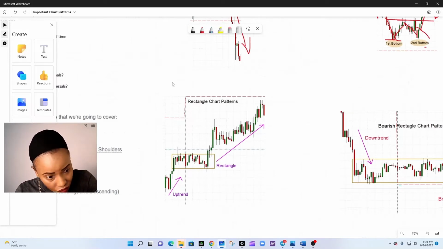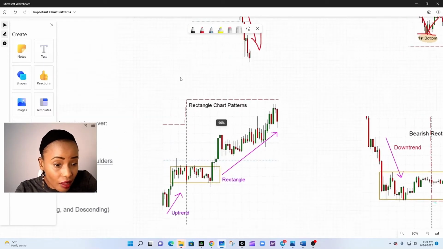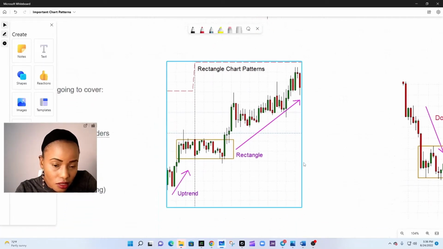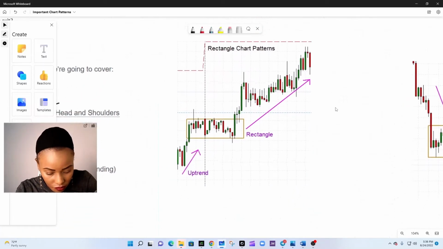If it's an uptrend, then when a rectangle chart pattern forms, that consolidation shows you that the market is breathing for a while, but it will continue in the current direction. So let's look at rectangle chart patterns.